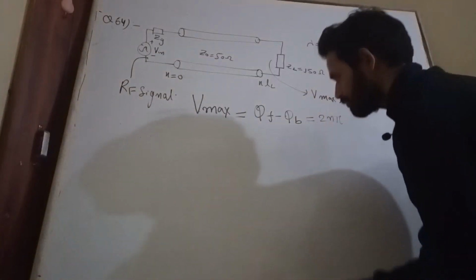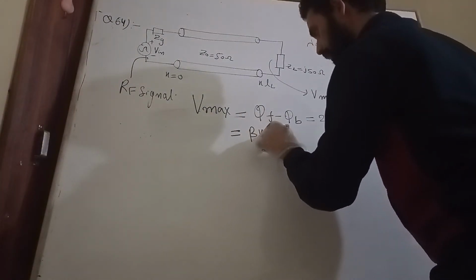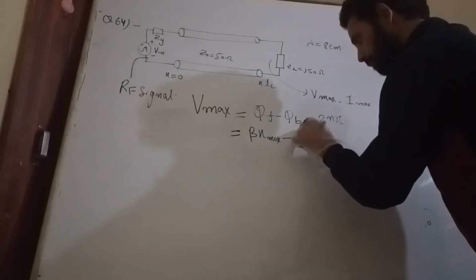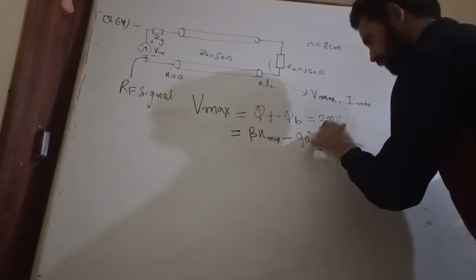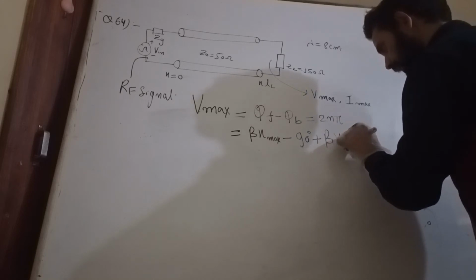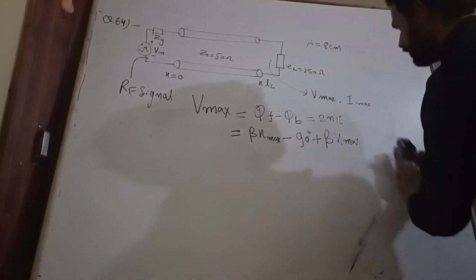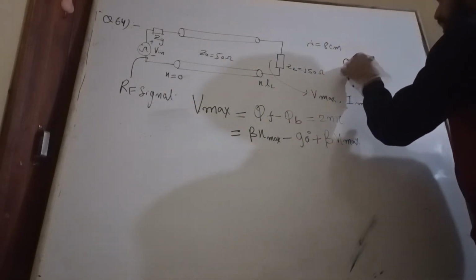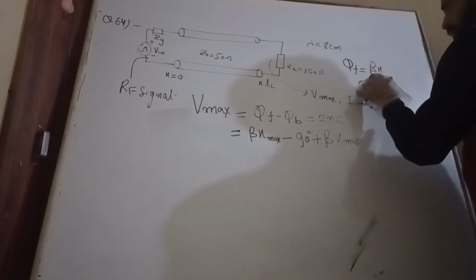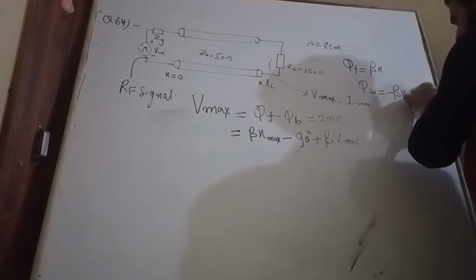For which we have seen that φf is βx maximum, minus φb, which is 90 degree minus βx, so plus βx maximum. Why? Because φf is βx and φbackward is minus βx plus 90.